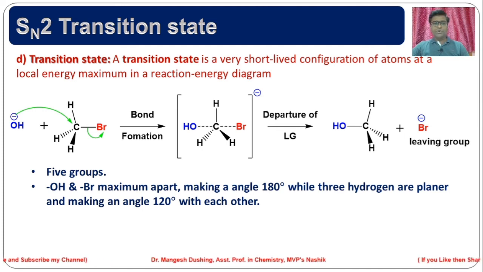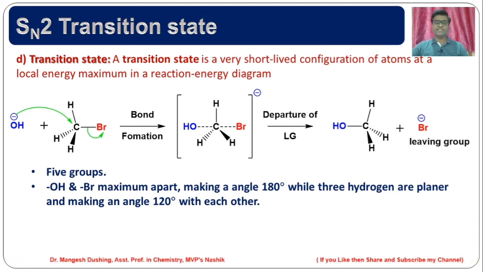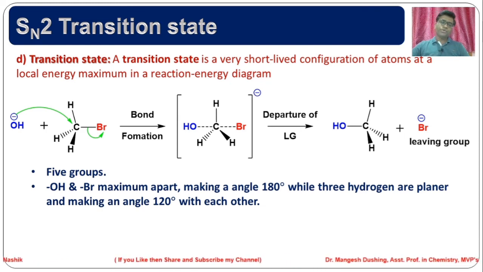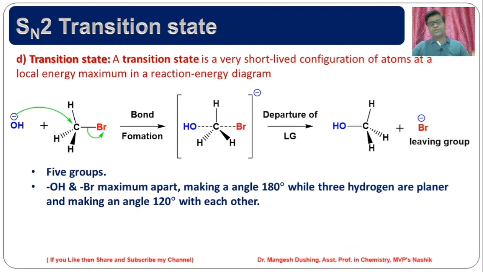That's why this OH is perpendicular to the CH3 plane, and this Br is also perpendicular to the CH3 plane. So the angle between OH and the CH3 plane is 90, and the angle between the CH3 plane and Br is 90. So OH and Br are maximum away from each other to minimize the steric hindrance as well as dipole repulsion.